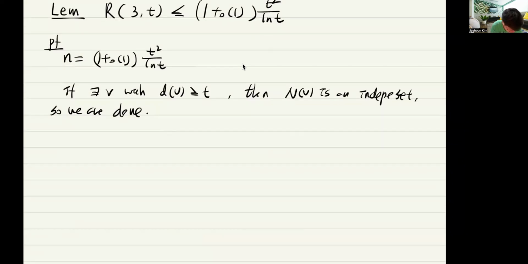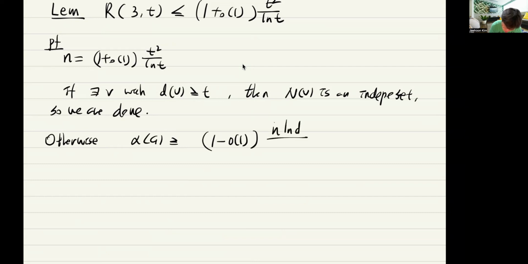Otherwise, we know that every degree is bounded. Then what? Shearer's lemma says that we have an independent set whose size is at least (1 - o(1)) n log d over d.